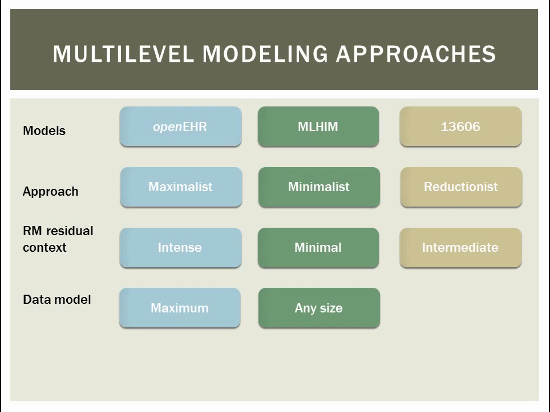And you can have data models in MLHIM that are bigger than one specific concept in healthcare. You can have more than one concept being modeled in the MLHIM data models.